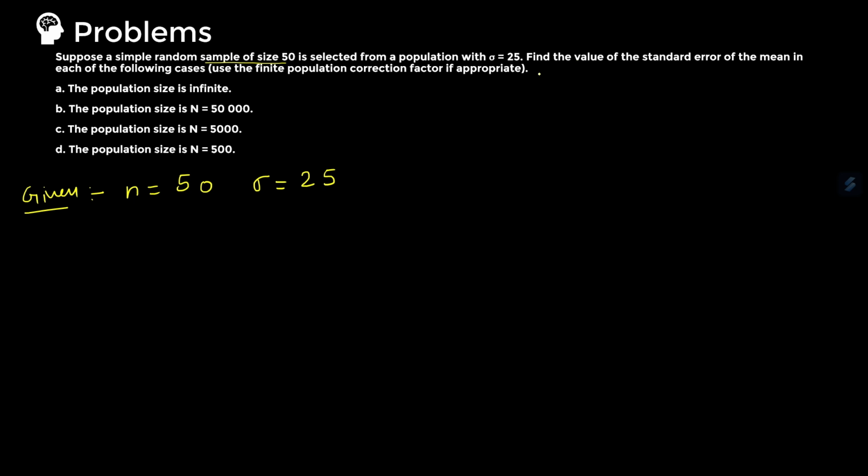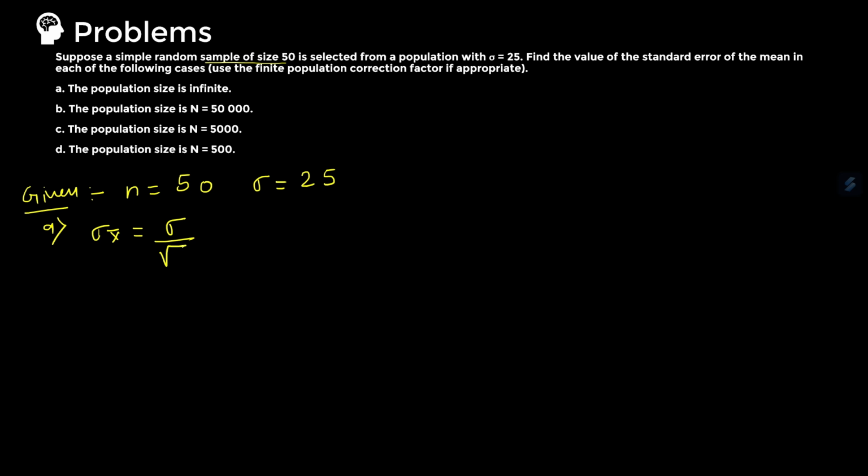Then the question says, find the value of the standard error of the mean in each of the following cases. Use the finite population correction factor if appropriate. So the first case is direct. The population size is infinite. When the population size is infinite, what we use to calculate the standard error?